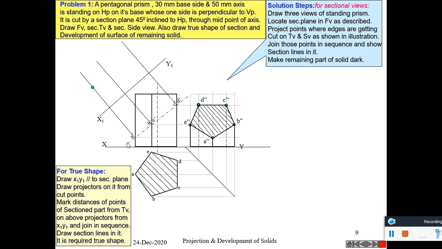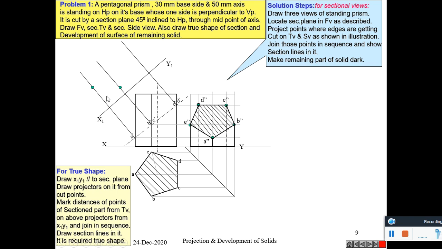Now mark the distance of A1 from x1, y1 to A. This is A. Similarly, from xy to E, we can mark E here. From xy to B, we can mark B here.